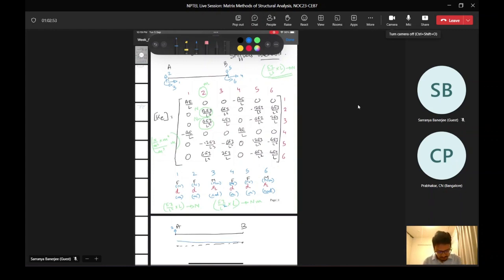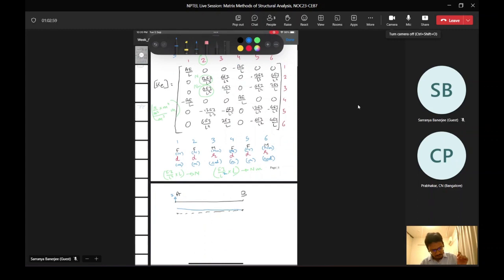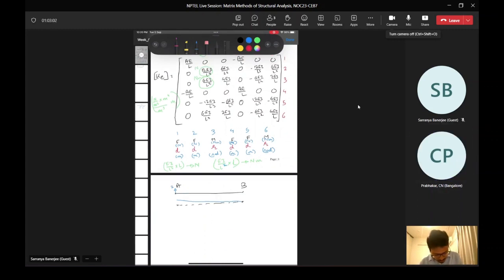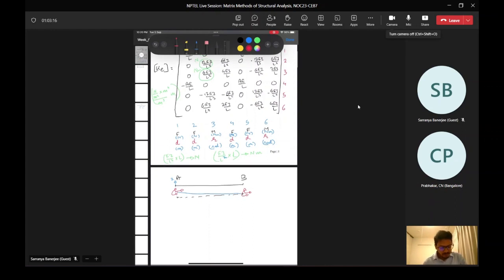Say something like this. All these red are forces and moments, but our displacement is fixed. So now this is 1 2 3 4 5 6.